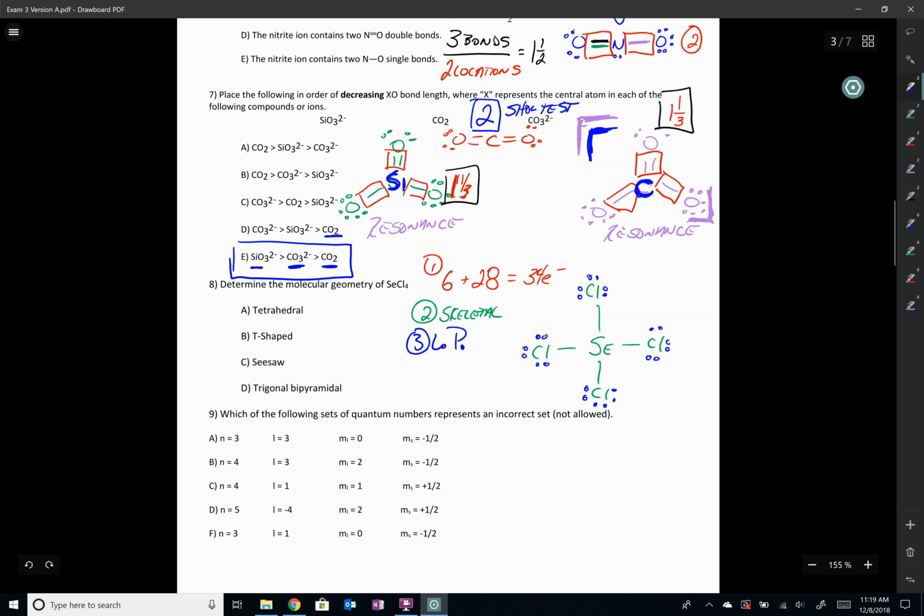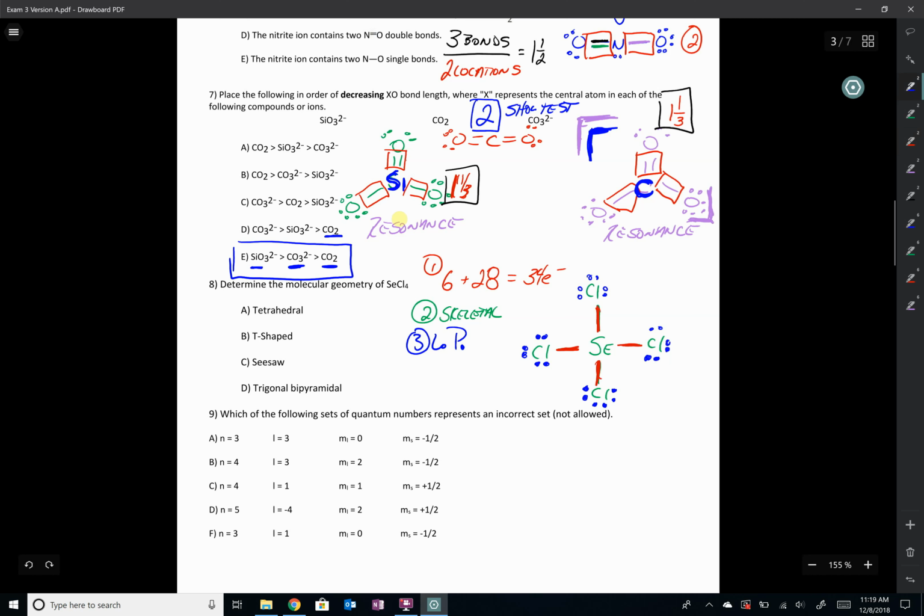All right, so how many electrons have we used so far? We used, let me switch colors here, 2, 4, 6, 8, then 10, 12, 14, 16, 18.